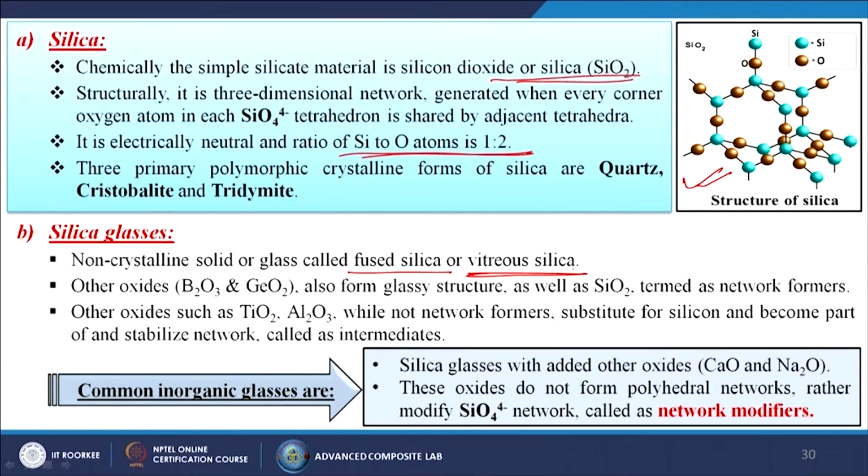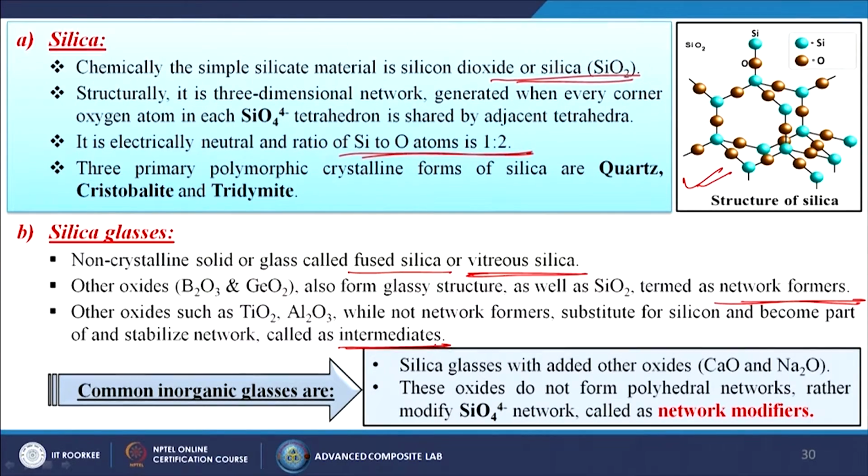Other oxides like B2O3 and GeO2, germanium oxide, also form a glassy structure, as well as SiO2, silicon dioxide, termed network formers. Other oxides such as titanium dioxide TiO2 and Al2O3, while not network formers, substitute for silicon and become part of and stabilize the network, called intermediates.